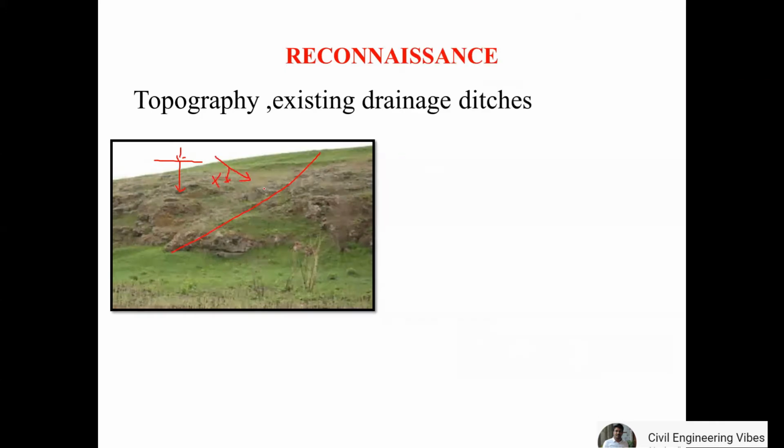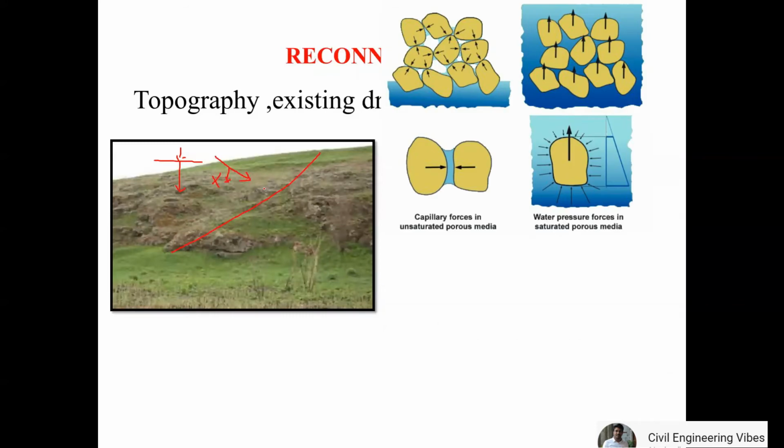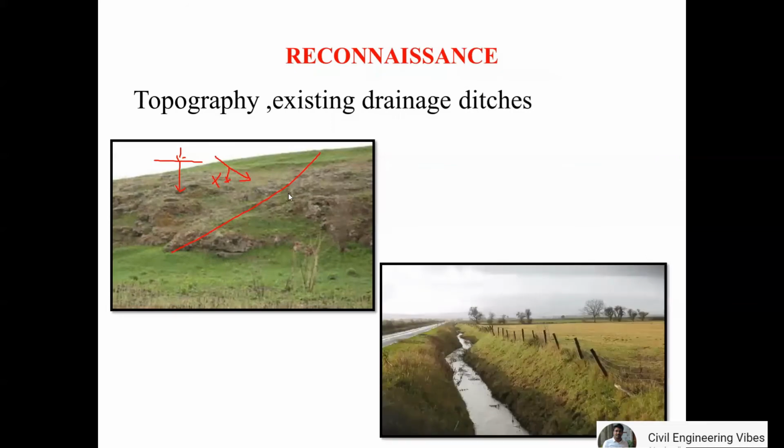The water is the one which makes the soil or rock complex when it interacts. Existing drainage ditches tell you about the behavior and coefficient of permeability: at what rate water is percolating below the ground surface, at what rate the water present in the ditches lowers down, at what rate the water accumulates in the ditches.